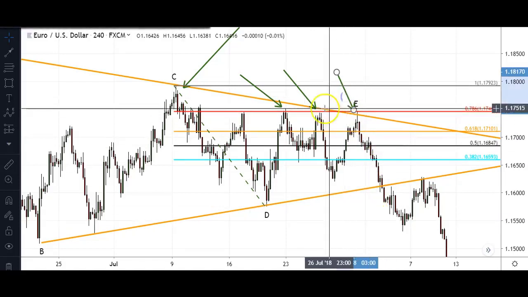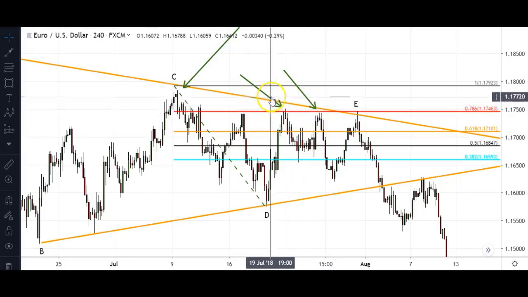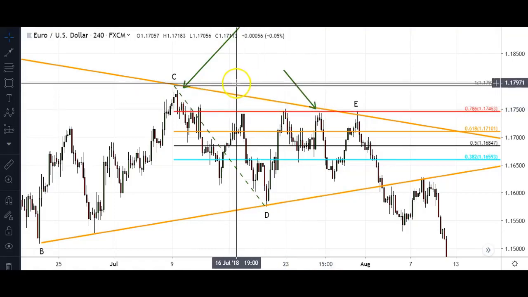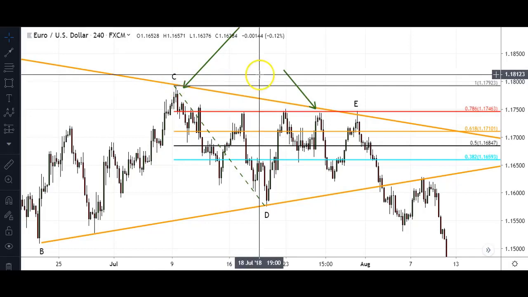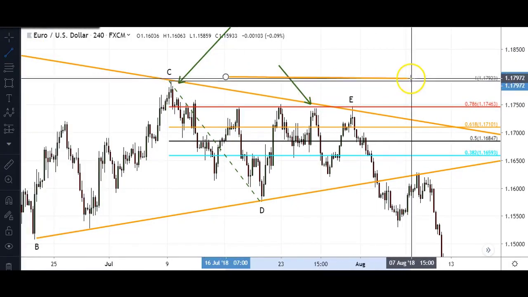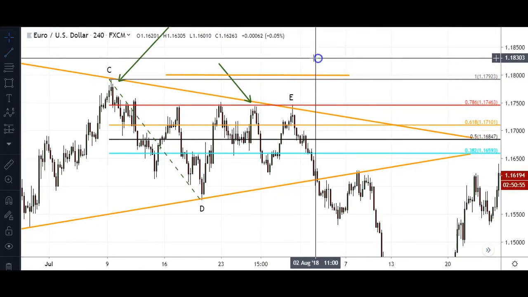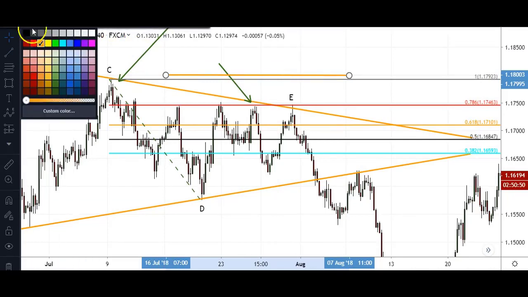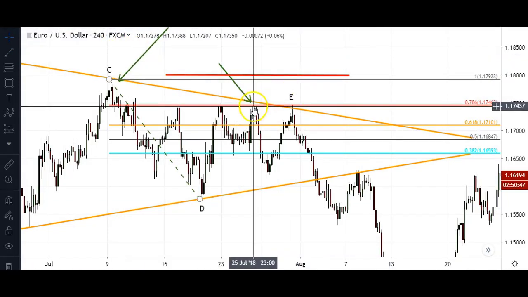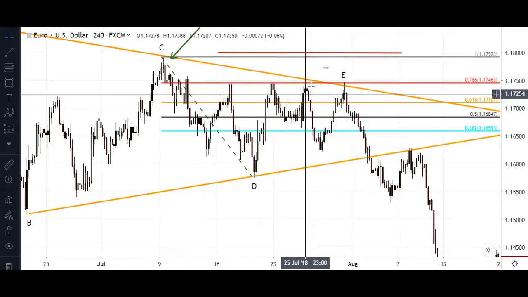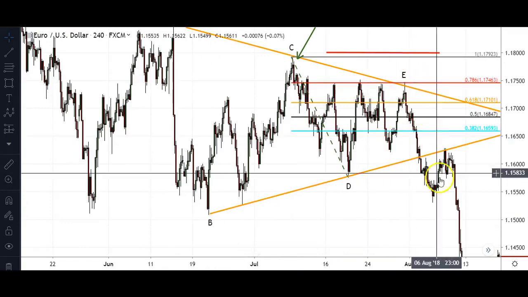But to be dead honest with you guys, I actually took the secondary entry over here, and although that was not the end of it, I would definitely know where to place my stop, which was in this case above my C wave, which was a very small stop to use. Let's just use that for visual representation. So I could have put my stop over there, which I actually did, and then entered right at that level for a short, and then traded price downwards.